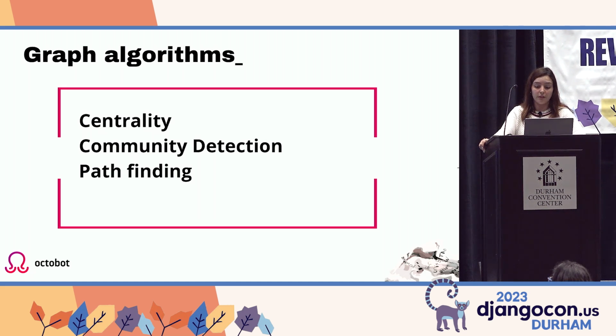Then we have path finding. It could be to find the path between two or more nodes, or evaluate if a path exists. And of course, we can use more than one of these algorithms together, so that's kind of interesting and gives us more insights about our database.